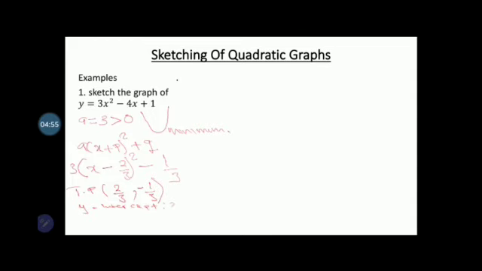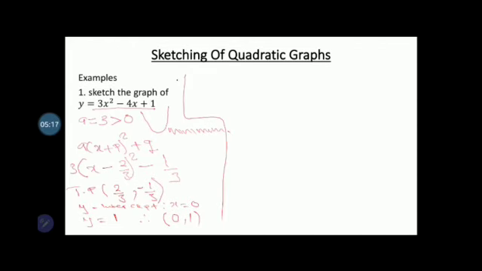Y-intercept simply means it's 0 comma something, because x is 0. Substituting 0 in our original equation, you'll find that y is actually 1. Therefore, our y-intercept is 0, 1.